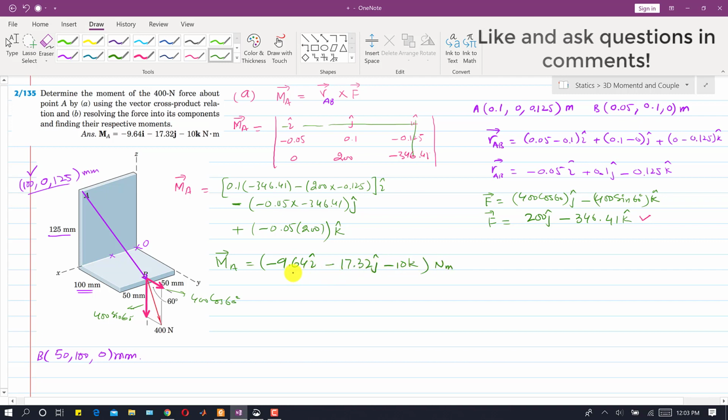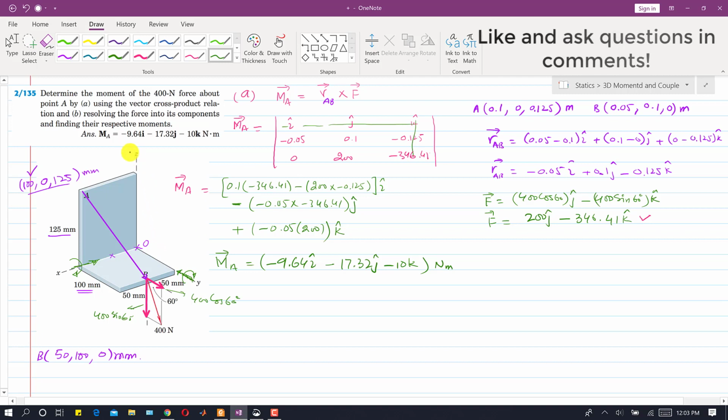So all the moments about i, j and k are clockwise, right? If I represent those moments, this will be the direction, and if we curl our fingers in this direction, our thumb will be in the negative x direction. And for the moment about y, if we curl our fingers, the thumb should point in the negative y direction.